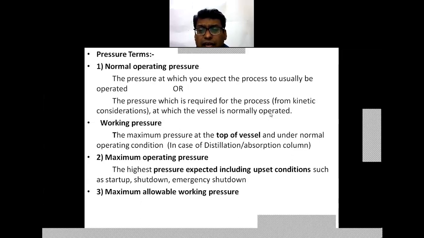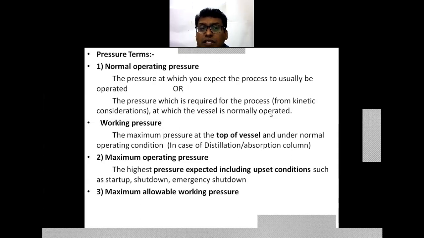At that time, these pressures can go to their maximum level, and after that the pressure should be released. So your pressure safety valves, pressure regulation valves, or rupture discs are all set at this maximum operating pressure.